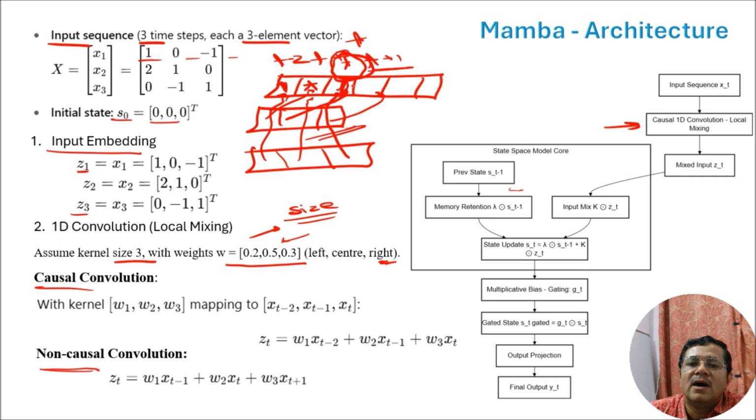It means we will not move the kernel ahead from that state. This is explained here. In the causal convolution with kernel w1, w2, w3 mapping to the vectors xt, xt minus 1, xt minus 2, we have to do such multiplications. And for non-causal, we are free. We can see the next token also.